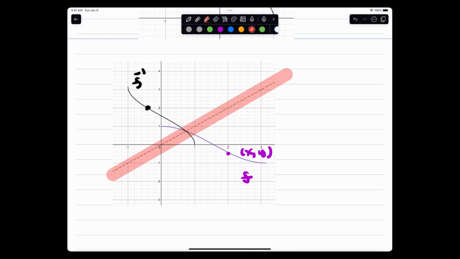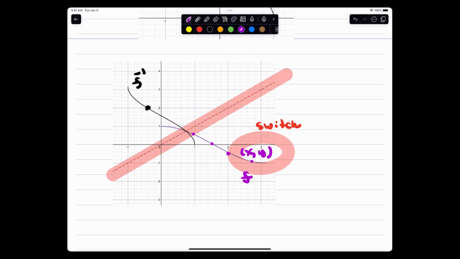So I just want you guys to see this purple location is switched. Every point on that purple curve has their x and y values switched, and they're going to be now on that black curve.